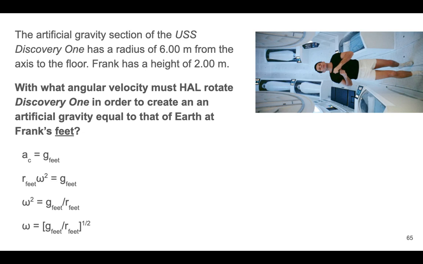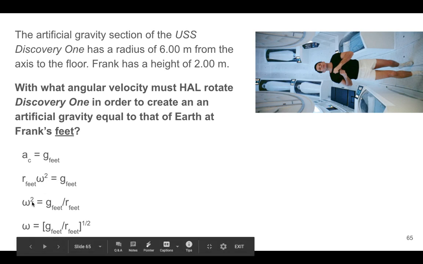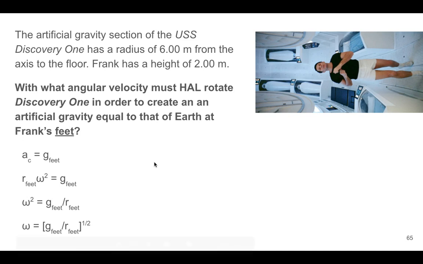So we've got a sub c, centripetal acceleration. It's equal to v tangential squared over r, but this time it's going to be easier to use the other formula, r omega squared. So r omega squared, the centripetal acceleration at his feet, is equal to the gravity he feels at his feet. So solve this for omega. Turns out omega is going to be equal to the square root of g at his feet divided by the radius at his feet.